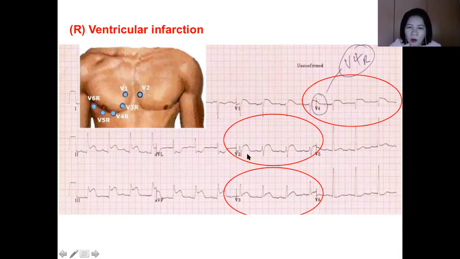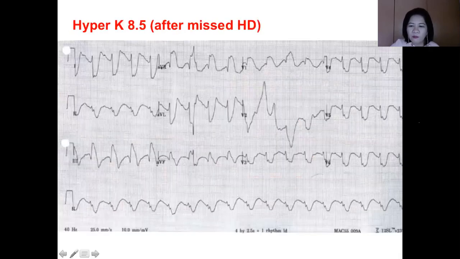So these are all inverted. So this is V1, V2R, V3R, and V4R. You notice there is ST elevation, okay? That means you also have a right ventricular infarction. So in right ventricular infarction, we do not give nitrates.